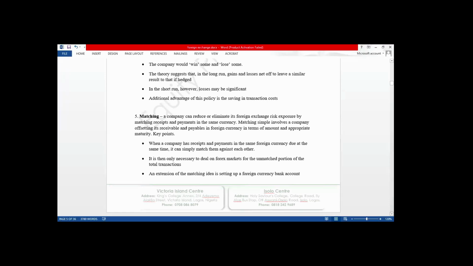A company can reduce or eliminate its exposure to foreign currency risk and payments in the same currency.